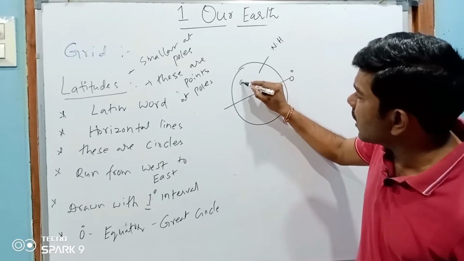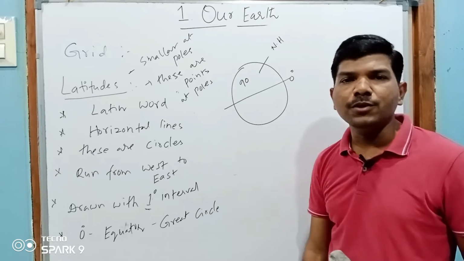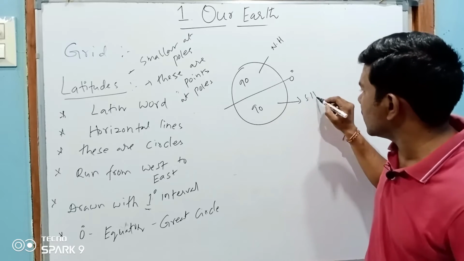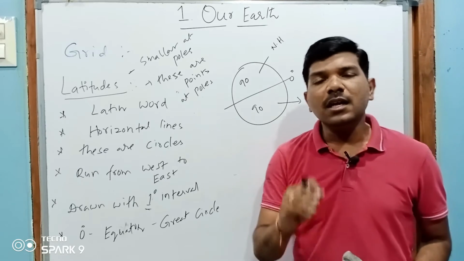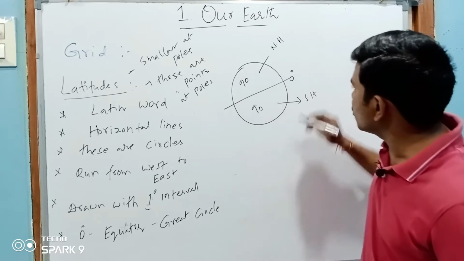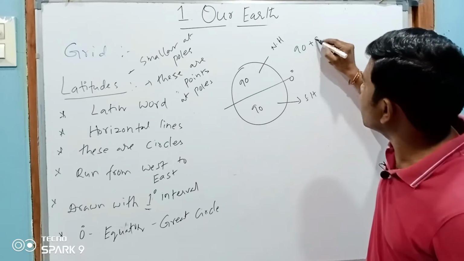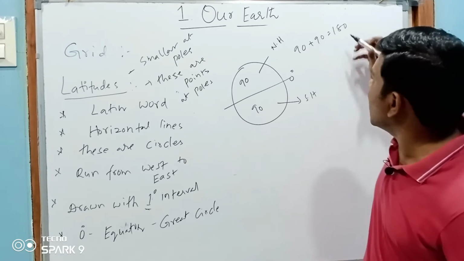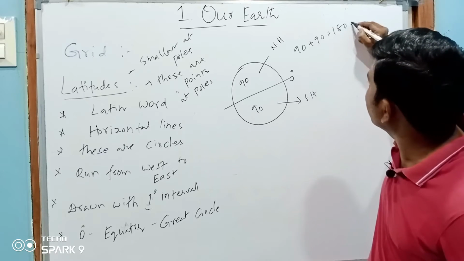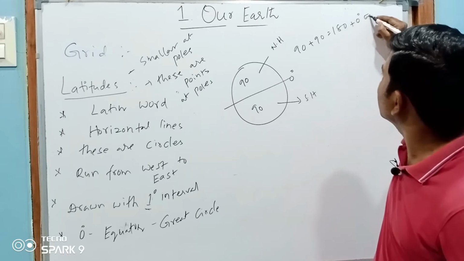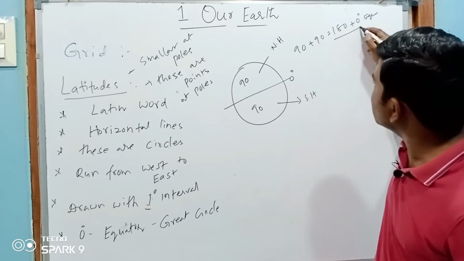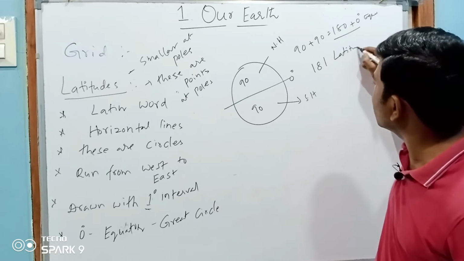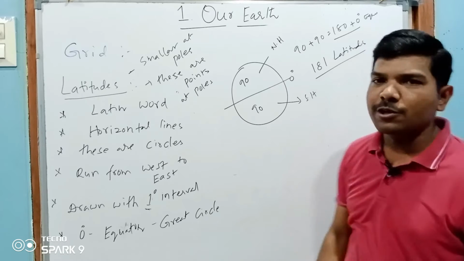In the northern hemisphere there are 90 latitudes, and in the southern hemisphere there are again 90 latitudes. So 90 plus 90 is 180, plus the equator, 0 degree. If you consider the equator, there are a total of 181 latitudes.